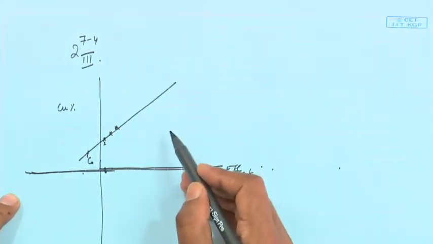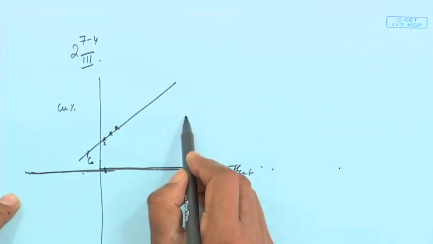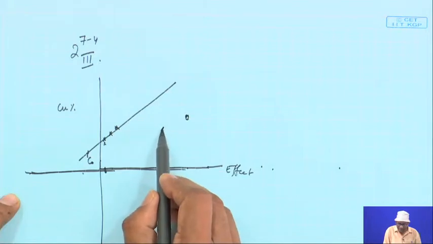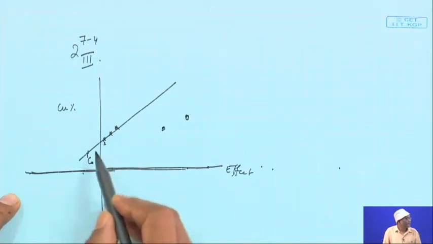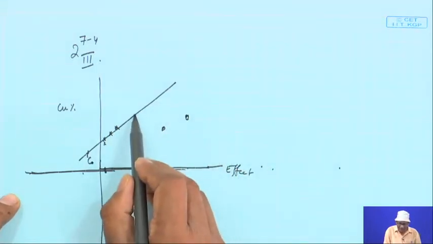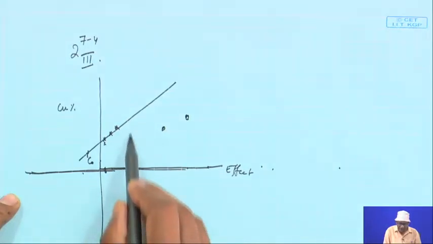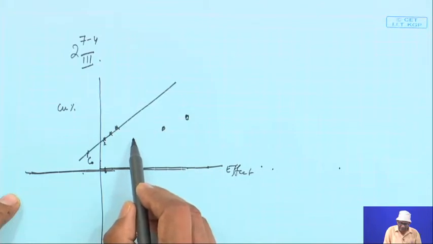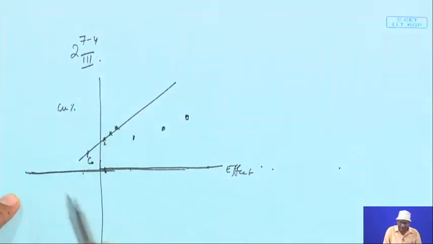B is 38 point something somewhere here, D is 29 maybe somewhere here, and BD will be 19 maybe somewhere here. So BD will be 19, and the cumulative probability will be somewhere here.